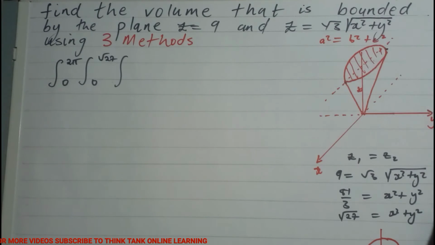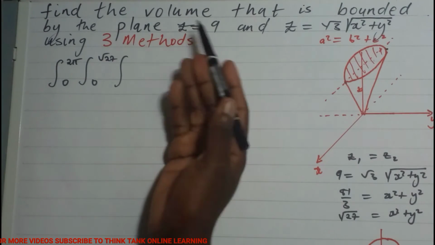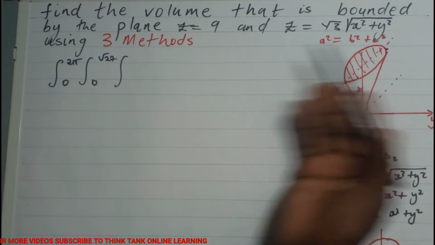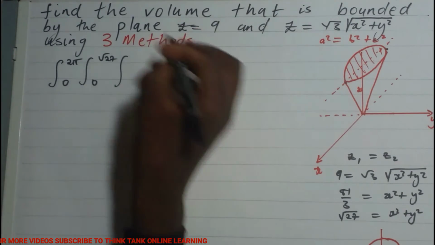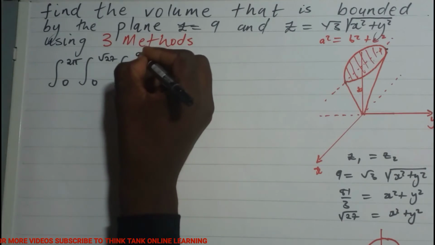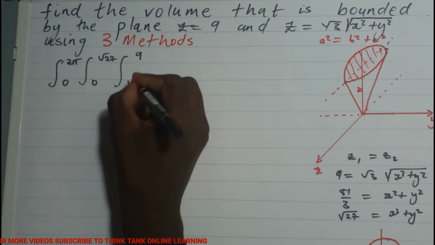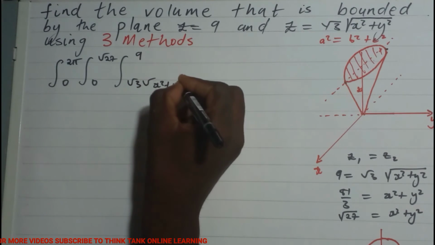If you don't know which is the upper or lower limit of z, you can just plug in a value. If you plug in 1 here, there's no variable, so it's 9. If you plug in 1 into the cone, you get root 2 times root 3, which is less than 9. So 9 is my upper bound, and my lower bound is root 3 times the square root of x squared plus y squared.